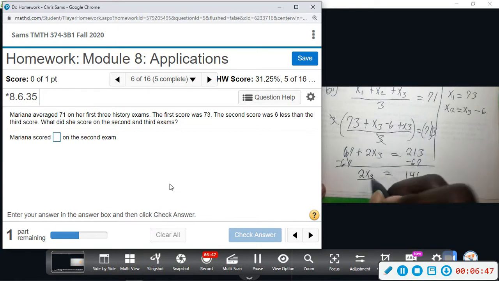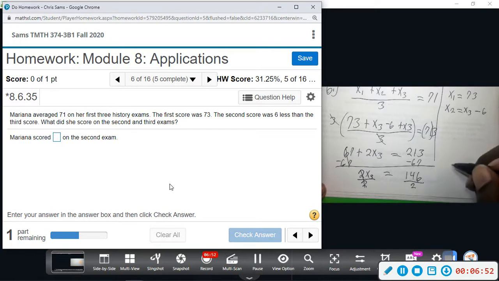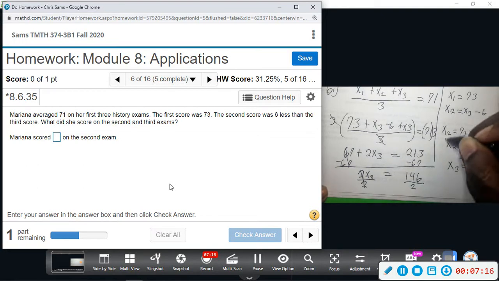Lastly, we divide by 2, and we get the third score equals 73. To figure out x2, 73 minus 6, so x2 equals 67.